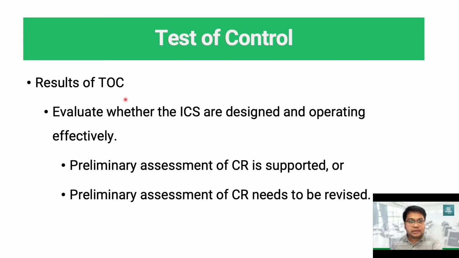So finally, we evaluate the results of the test of control, or TOC. We evaluate whether the internal control systems are designed and operating effectively. Our decision could either be that the preliminary assessment of control risk is supported, or that the preliminary assessment of control risk needs to be revised, depending on the result of our test of control.